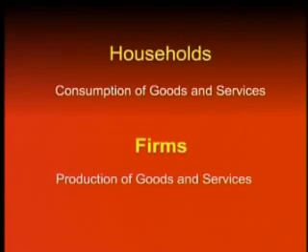Now let's look at firms. Firms are a more complex concept because the concept of the firm is not the same as a big factory with a lot of machinery and plants and a lot of people working there. That is indeed one type of firm. In economics, a firm can be a one-person enterprise as well.